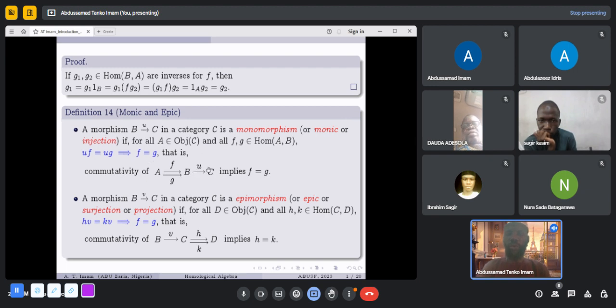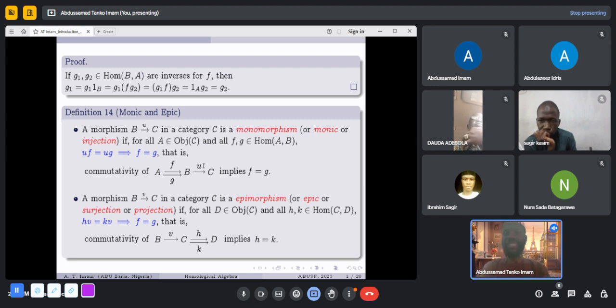So we say U here is a monomorphism if given any two morphisms in the category whose target is the source of U, the composite F with U equal to G with U would always imply F and G to be equal. So commutativity of this diagram will always imply F equal to G. So if this happens for all F and G, then we say U is a monomorphism or monic.